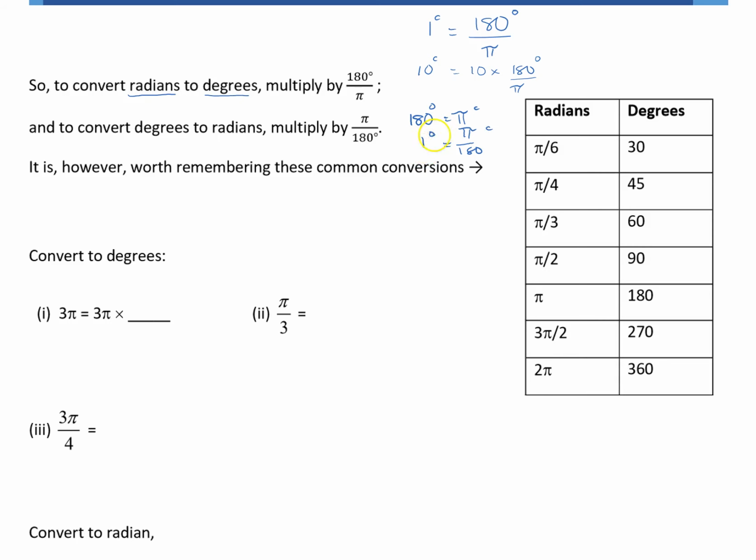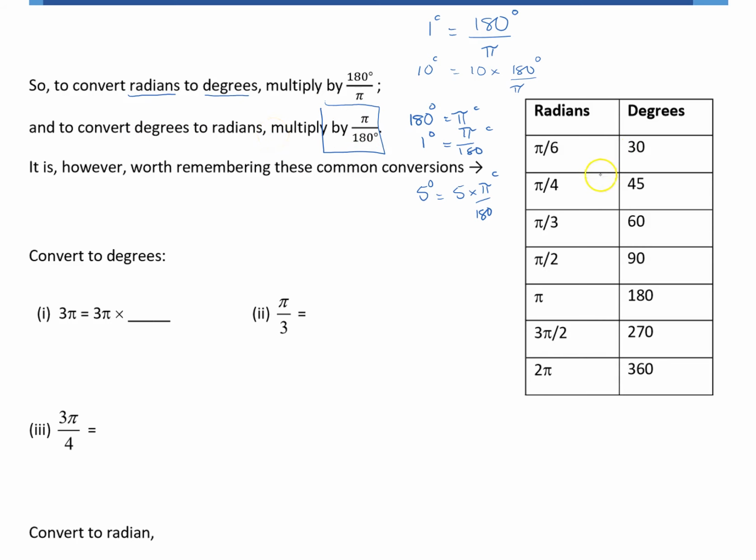Now if I had not 1 degree but say 5 degrees, then I would have 5 times pi on 180 radians. I would do that calculation to convert my 5 degrees into radians, just like it says here, multiply by pi on 180 to convert degrees to radians.